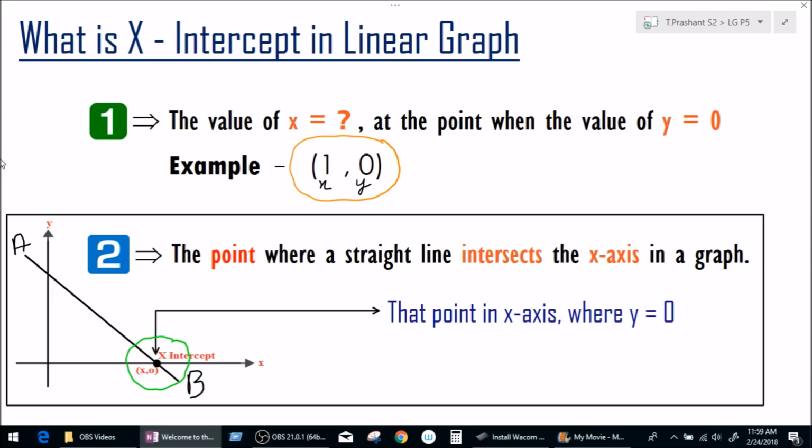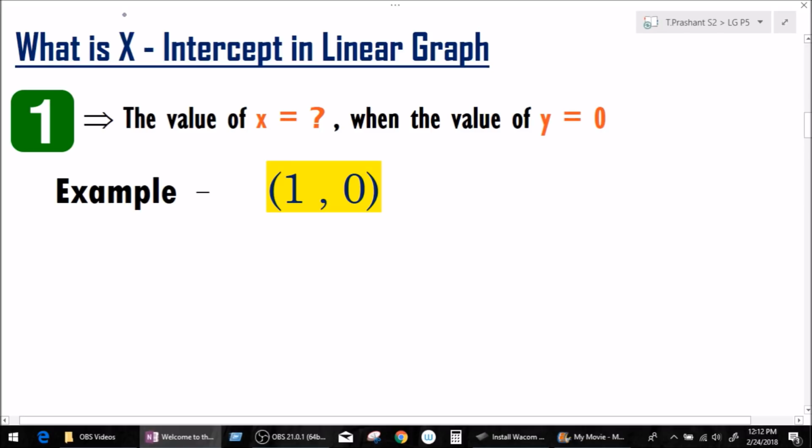So let's get started with definition number 1 and study it in detail. In definition number 1, it says that x-intercept is the value of x when the value of y equals 0. Now let's apply this definition to this coordinate A. At coordinate A, the value of x is 1 and the value of y equals 0.